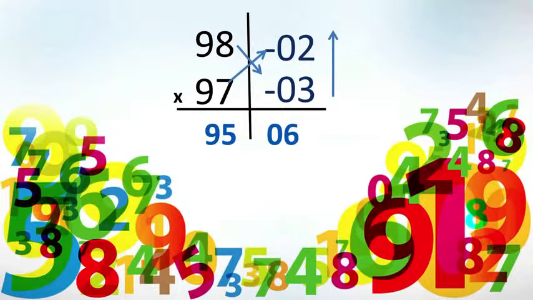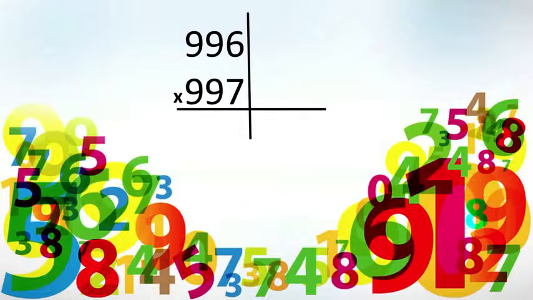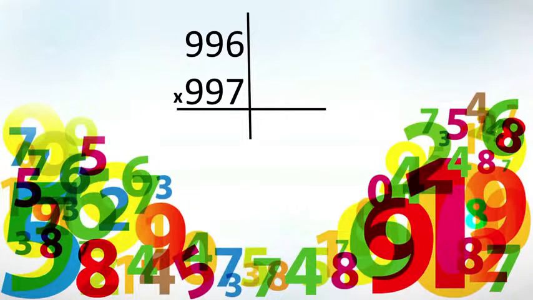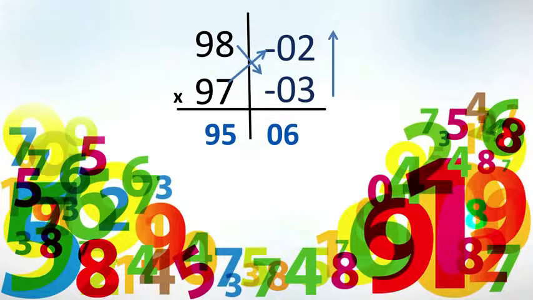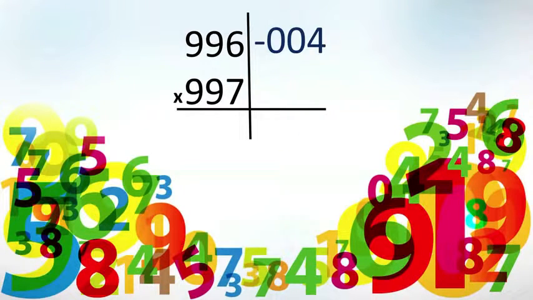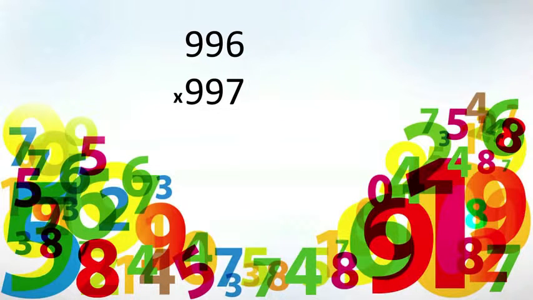Now let's take whatever we have learned here to the next sum, which is this. Sounds big, looks big, daunting, very daunting. But through Vedic maths, this sum can be done in less than 5 seconds right now. So 996 is close to 1000, and we have minus 004, and 997 gives us minus 003.